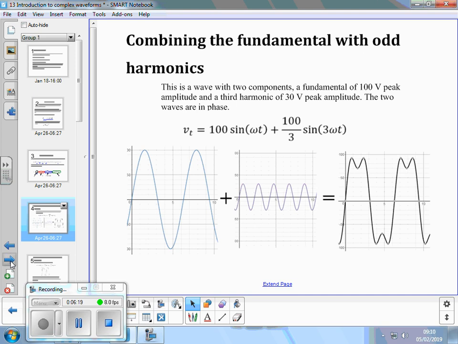So, if we look at one of the particular things of interest is a square wave and turning that into an infinite Fourier series.